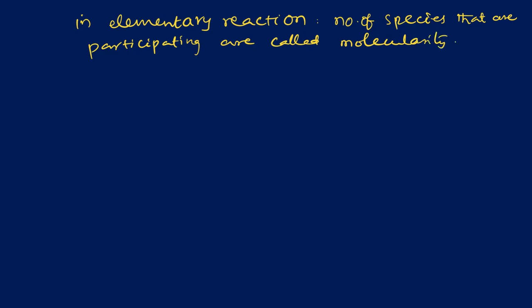So like this, in general, A gives rise to product. Then we already know its rate law can be written as K[A] power 1. Therefore its molecularity is 1 and order is also 1.